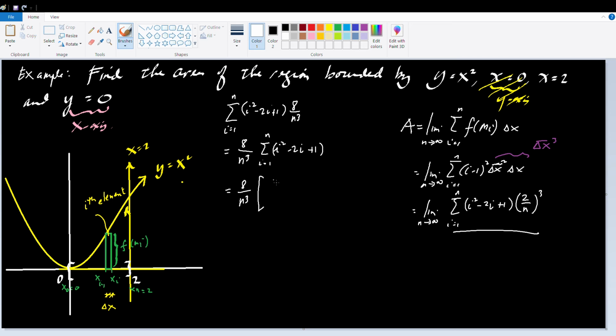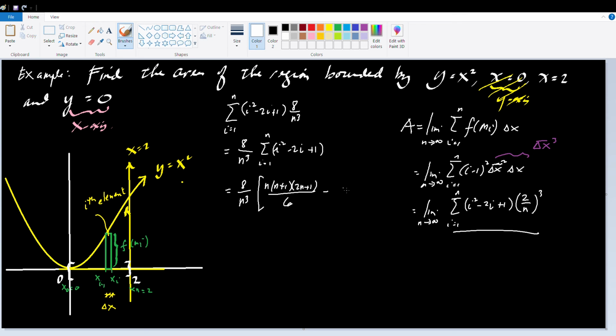So for i squared, we have the formula, which is n times n plus 1 times 2n plus 1 all over 6. You can recall the sum of i squared is n times n plus 1 times 2n plus 1 over 6.